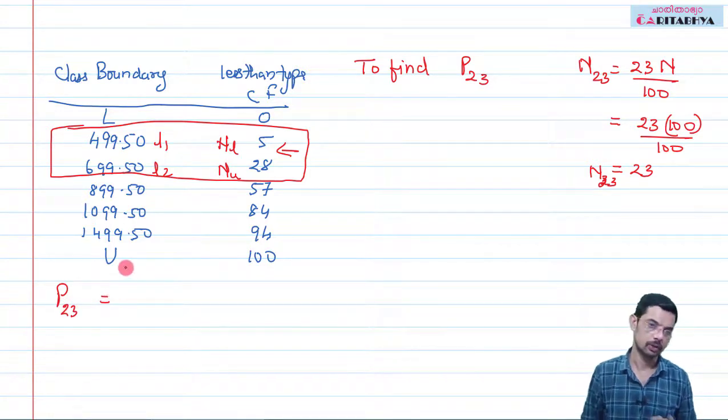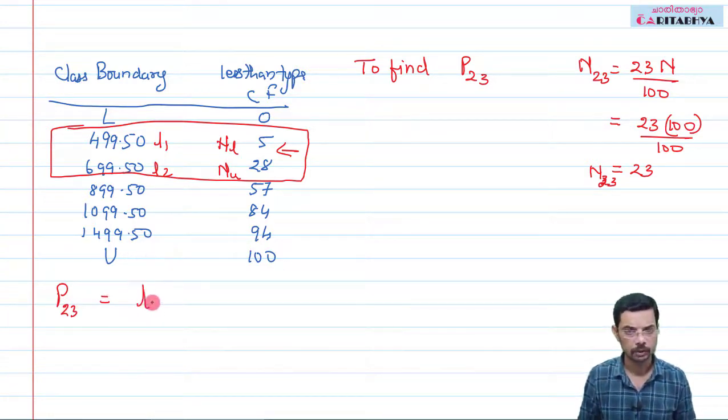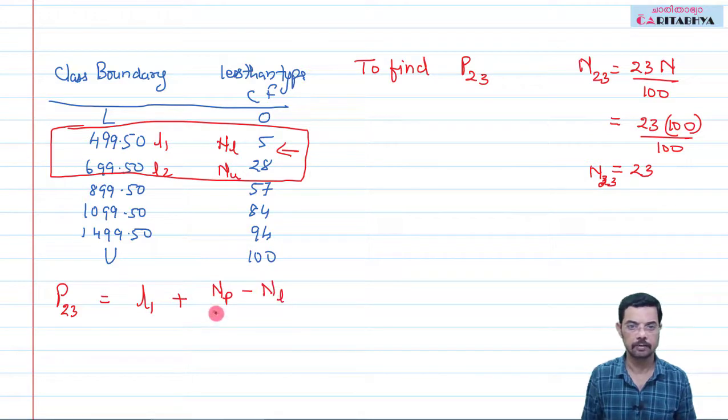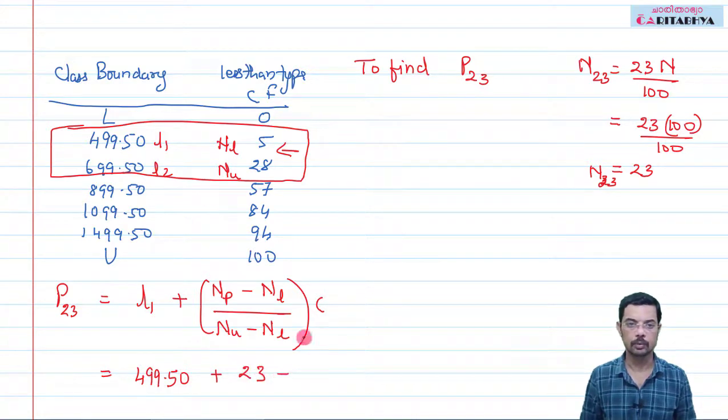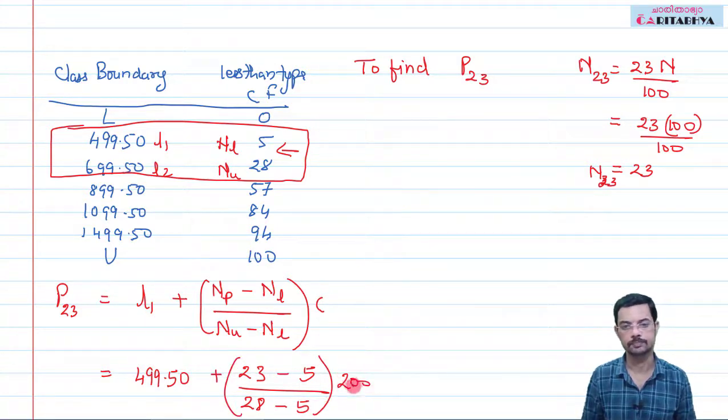The percentile P23 will be equal to L1 plus NP minus NL divided by NU minus NL into C. L1 in this case is 499.50 plus NP, which is N23, that is 23 itself, minus NL, which is 5, divided by NU minus NL, that is 28 minus 5, into C. C is 200.